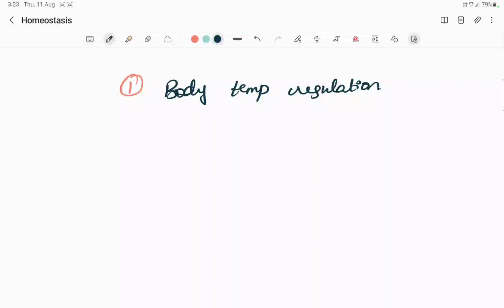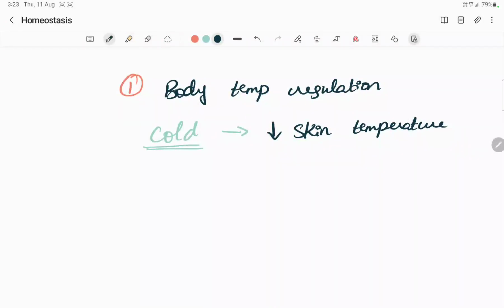So when there is a cold surrounding, this will lead to a decrease in the skin temperature. But before this happens, before the stimulus happens, only the skin temperature has reduced.